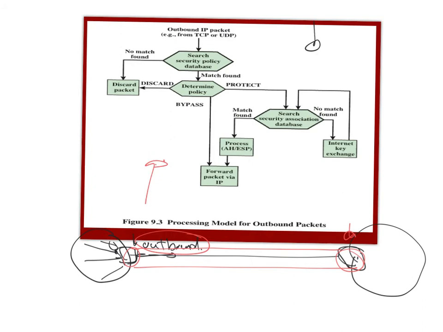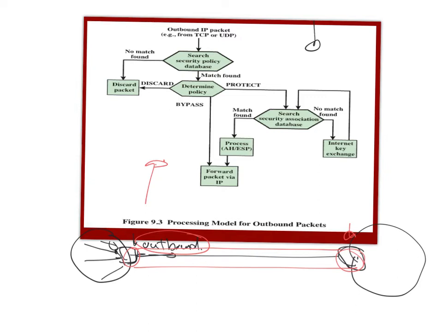The logic is simple. The first entry point for any traffic is to search the security policy database. Either I have a match or I don't. As we said, any incoming traffic has to have a match. That's why we need the wildcard, which is supposed to fulfill many of the traffic.